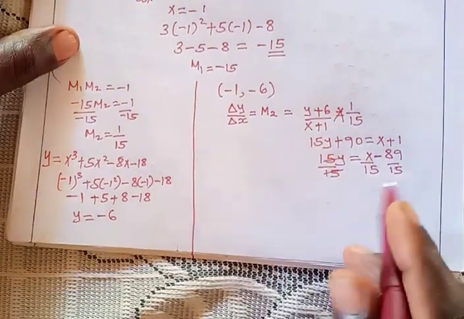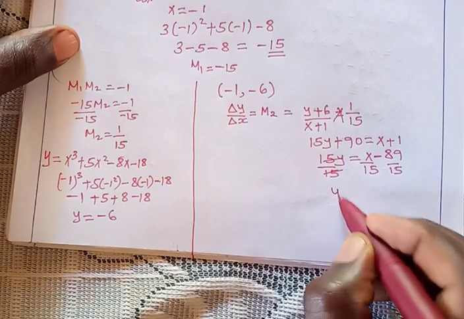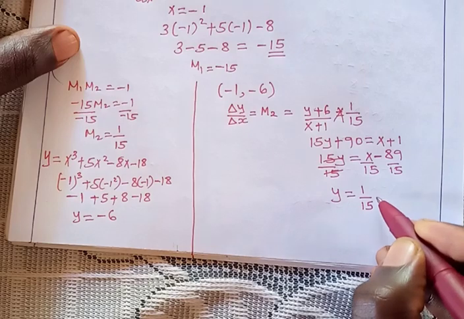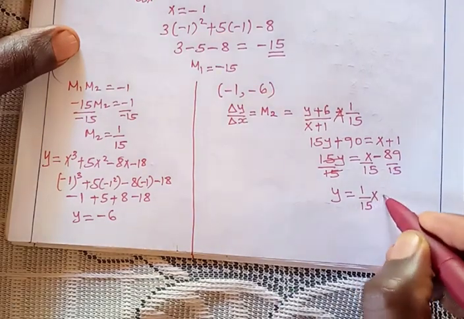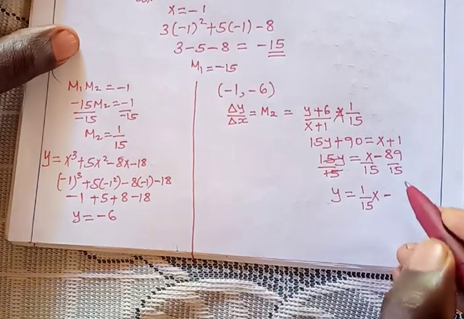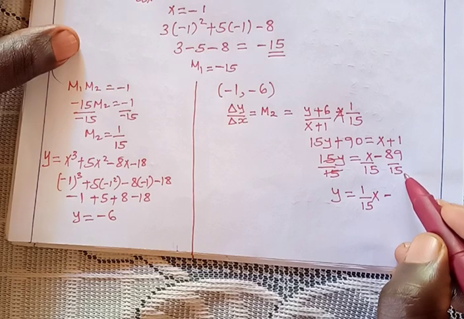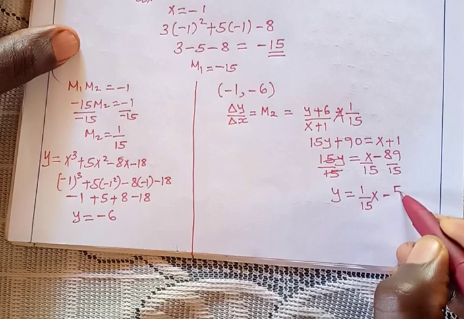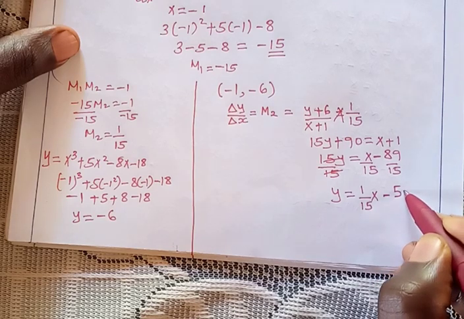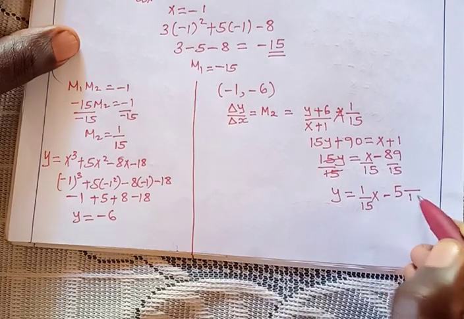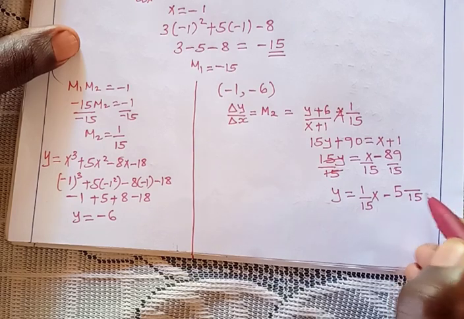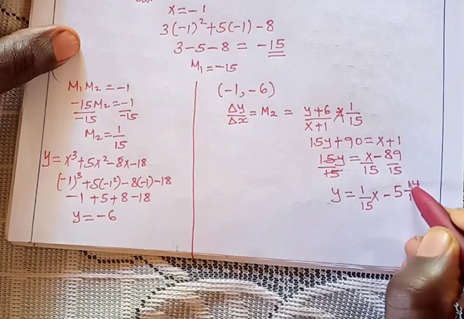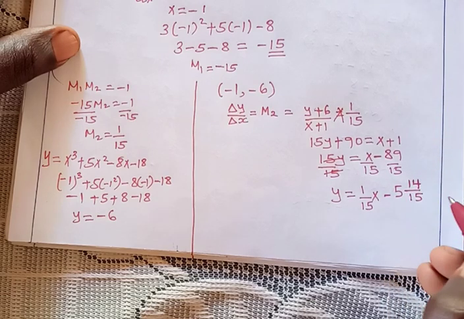Now our final answer is going to be y is equal to 1 over 15x, then you take away. This is now going to be 15. If you multiply by 5, we are going to get 75. Now 89, you take away 75, we remain with 14. So this is our answer.